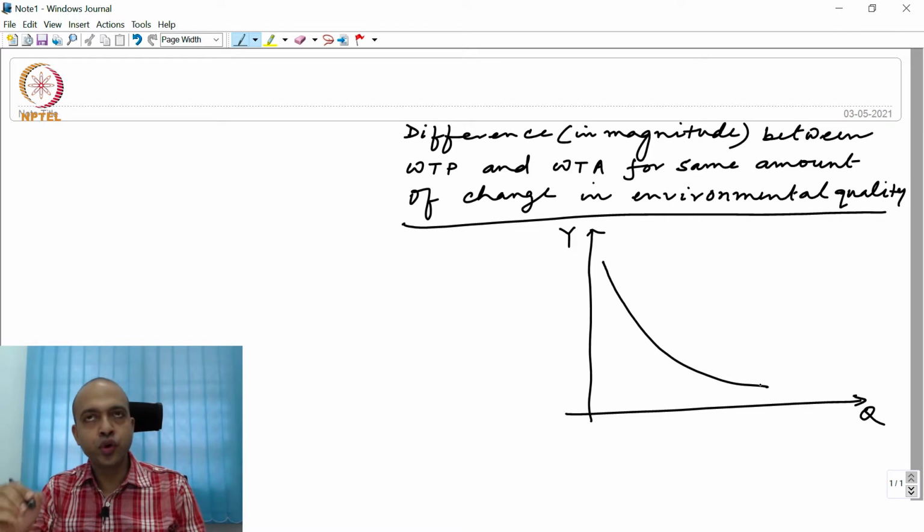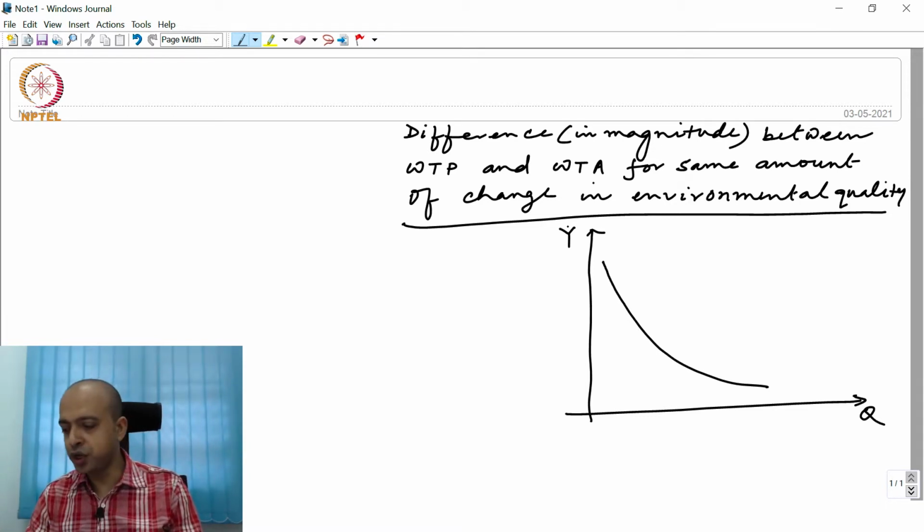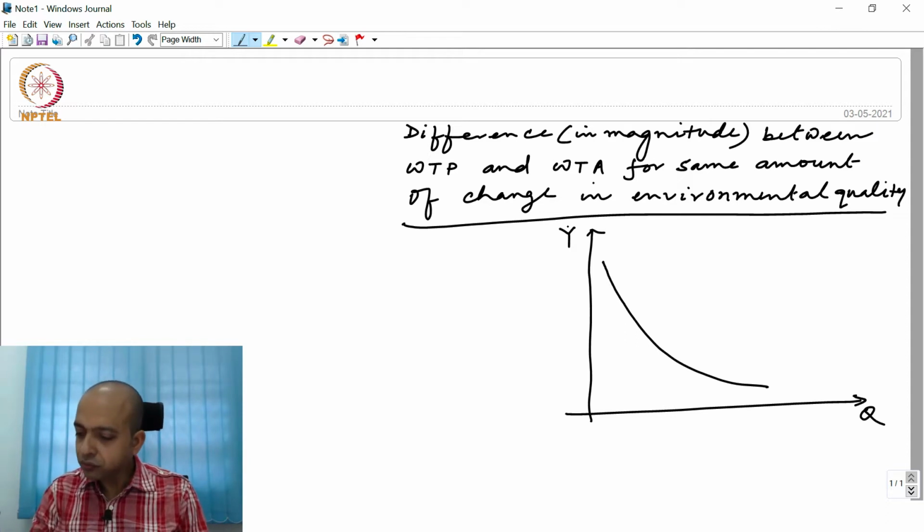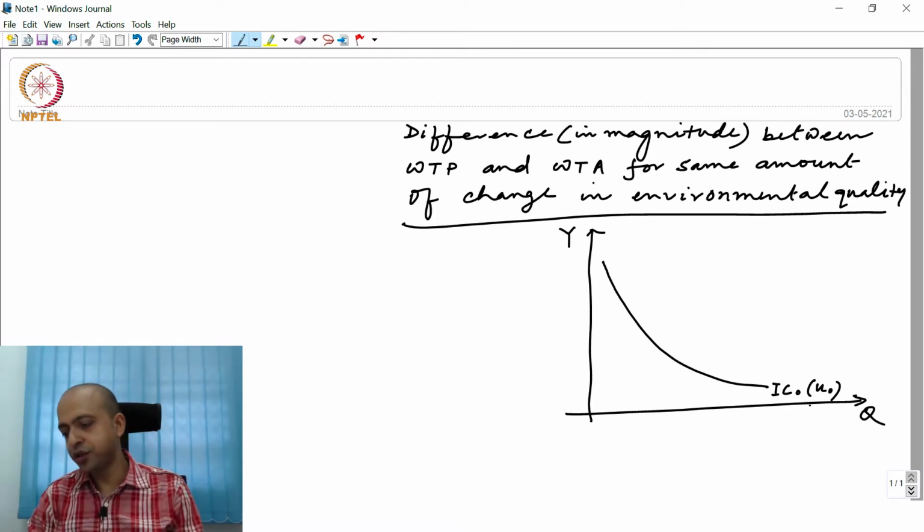So as you know from your understanding of basic microeconomics, the indifference curve is nothing but different combinations of these two goods, here environmental quality and composite income, that give the individual the same amount of utility or satisfaction. Let us say that this is IC0, which gives the individual U0 amount of utility, right?